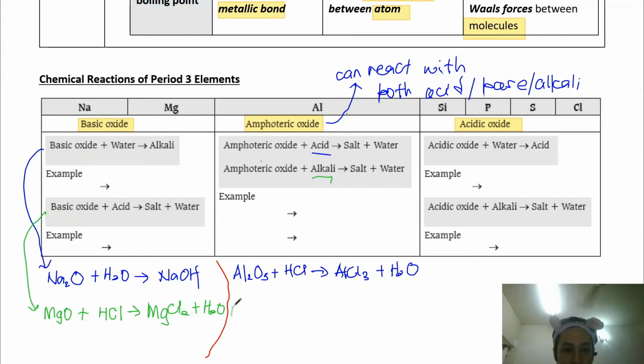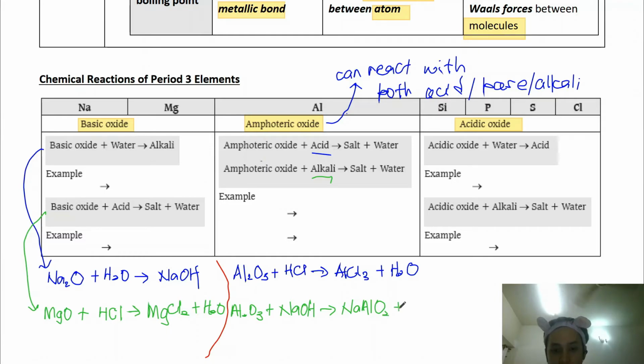So let's say I take Al2O3 and then I react with sodium hydroxide. This one I'll get something special, which is sodium aluminate.